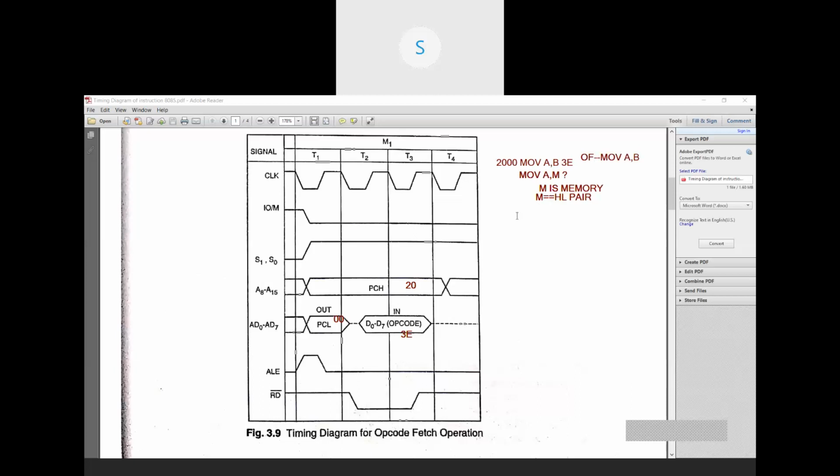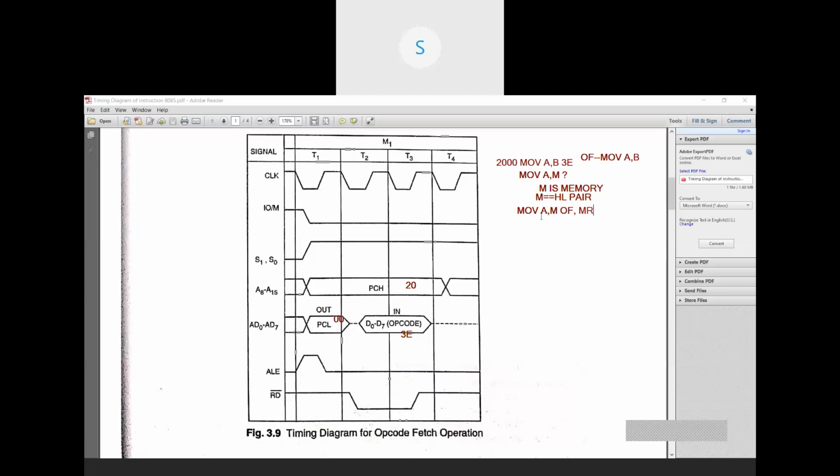But MOV A comma M has an opcode fetch operation as well as a memory read operation. Yes, M will point to the 16-bit address containing 8-bit data. Exactly, so the data is 8-bit. That's why we can move that data to the accumulator, because the accumulator can hold only 8-bit data.